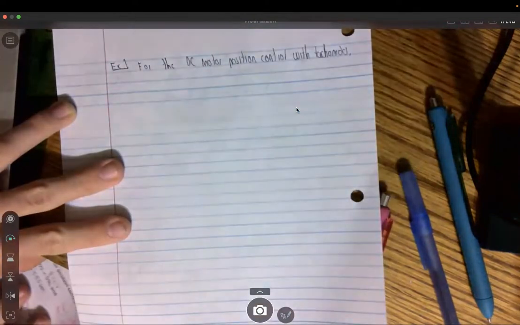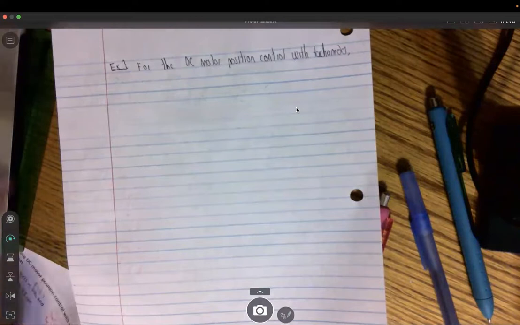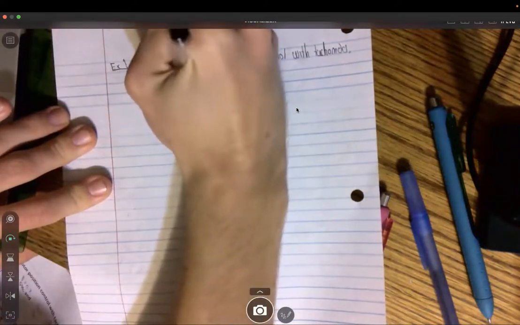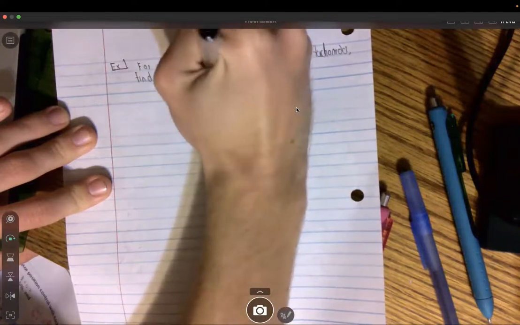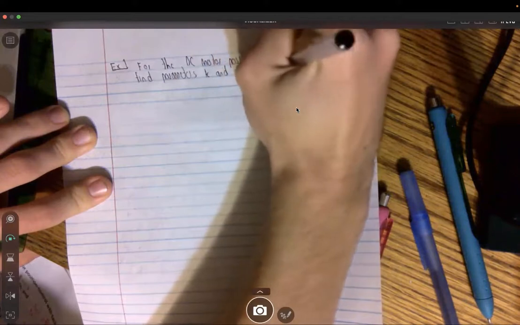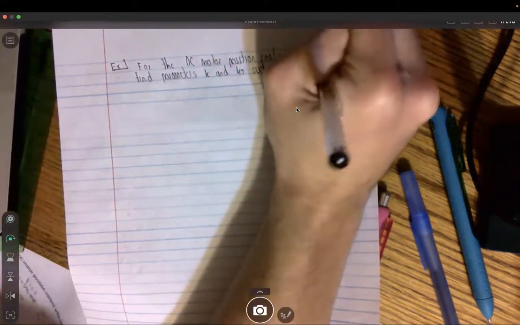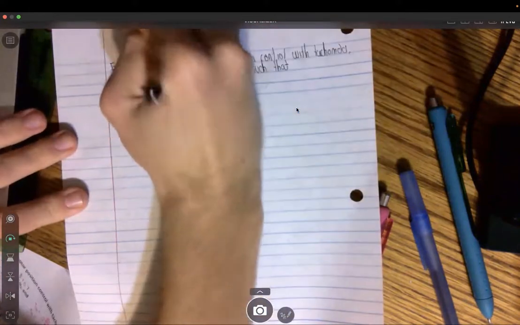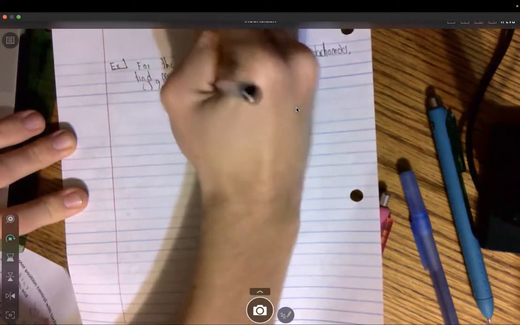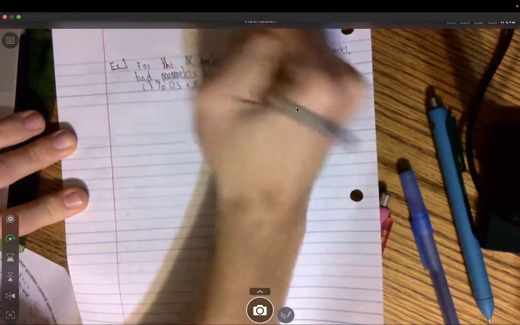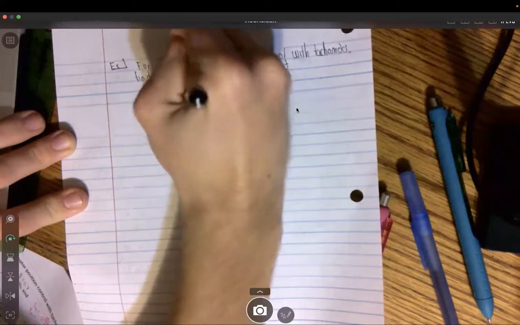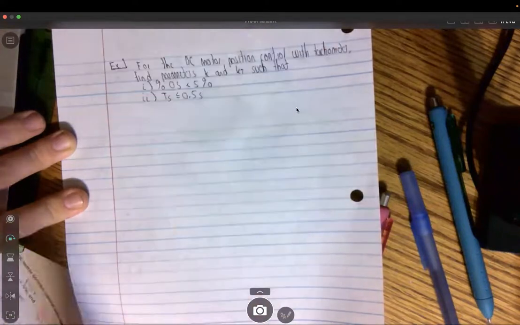Find parameters K and KT such that, and we're going to have the percentage overshoot, this is the first condition, less than 5%. And for the second condition, we have the settling time must be less than or equal to 0.5 seconds.